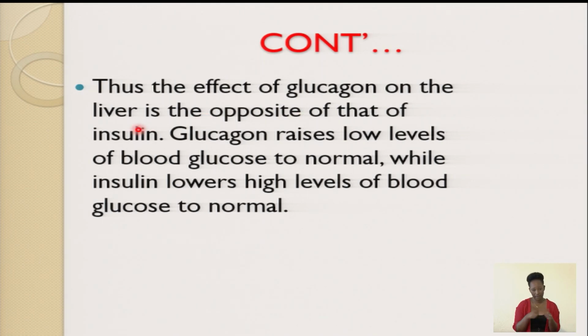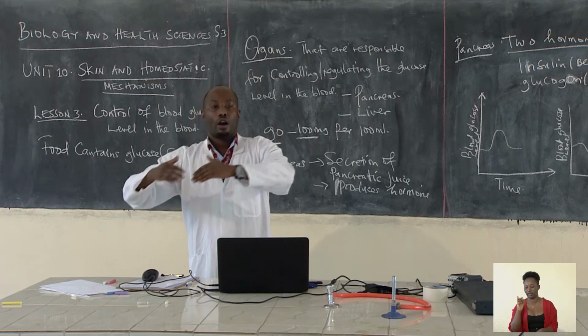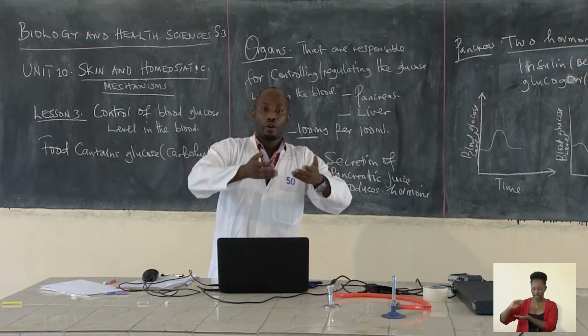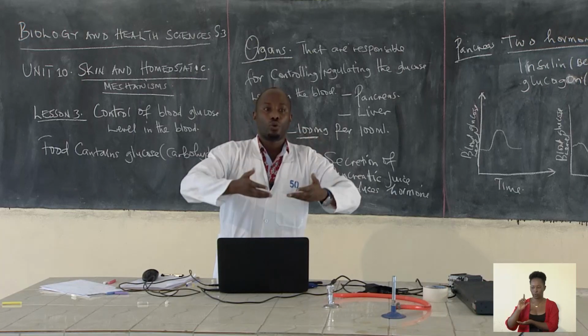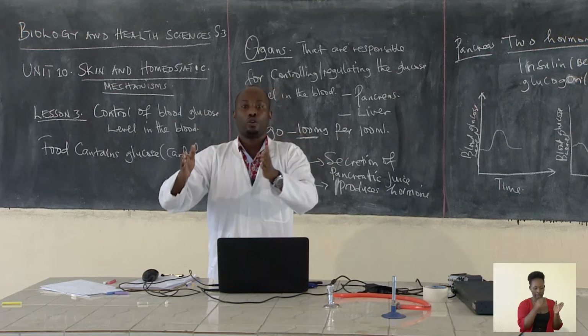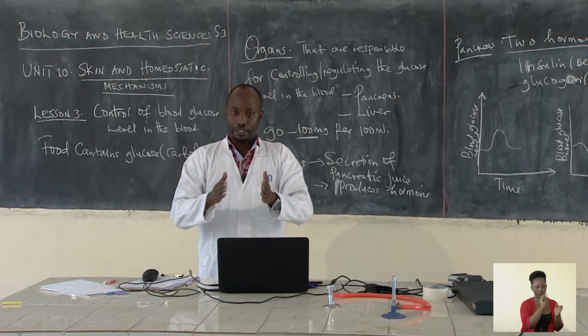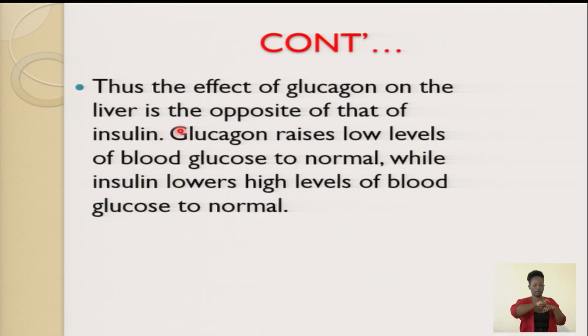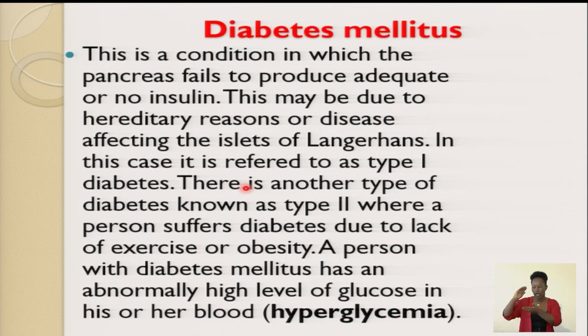Insulin lowers the glucose level, glucagon increases the level of glucose in the blood. So they work oppositely. Glucagon raises low levels of blood glucose to normal, whereas insulin lowers high levels of blood glucose.